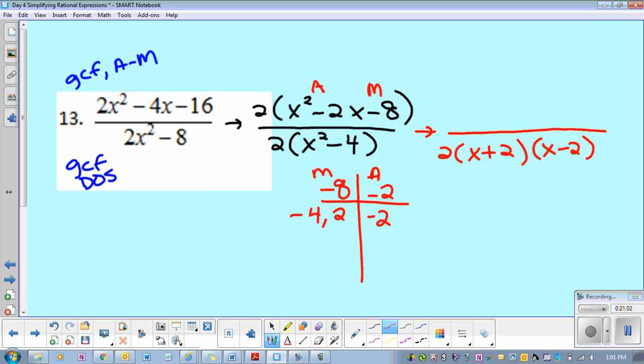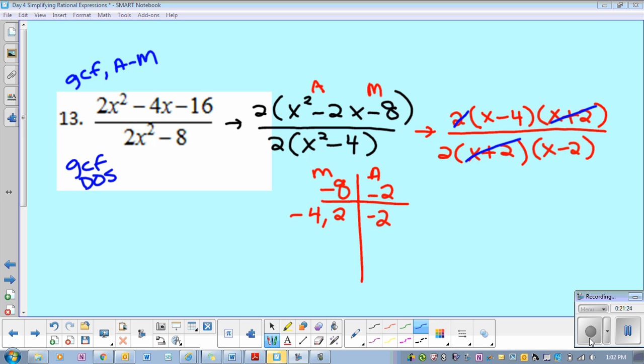Can we go ahead and get rid of those 2's on the outside? Alright, so what can I cancel out here? The x plus 2's and the 2's. Oh, x plus 2's, and what else?